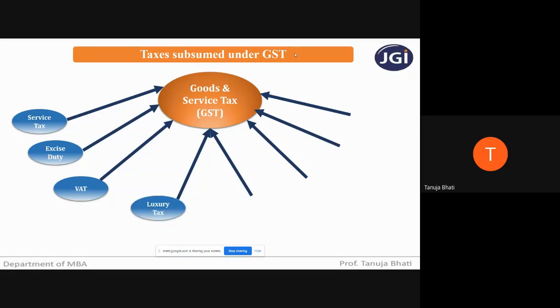Next, luxury tax. Earlier, luxury tax was being levied. Now, what do you mean by luxury tax and what was the purpose of this levy? Before 1/7/2017, luxury tax was levied on all the luxury commodities. When I say luxury commodities, it means they are non-essential commodities. They are not a necessity product.